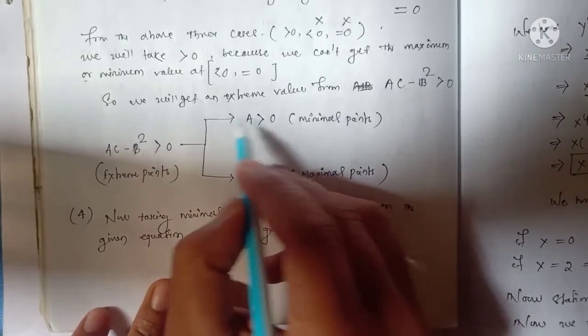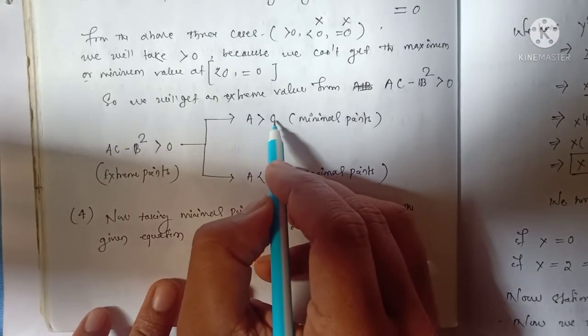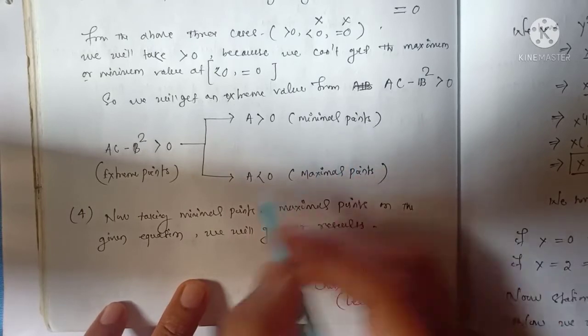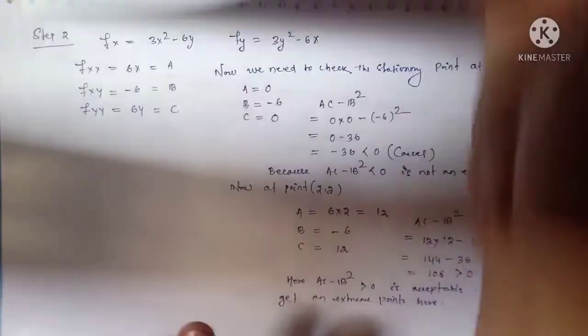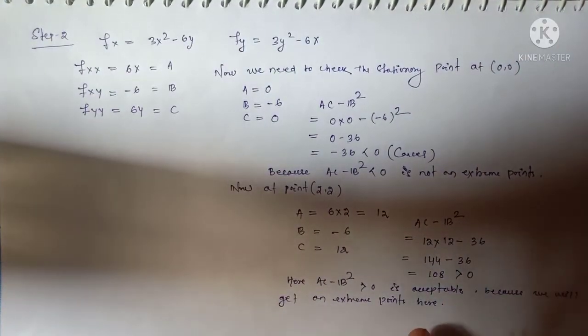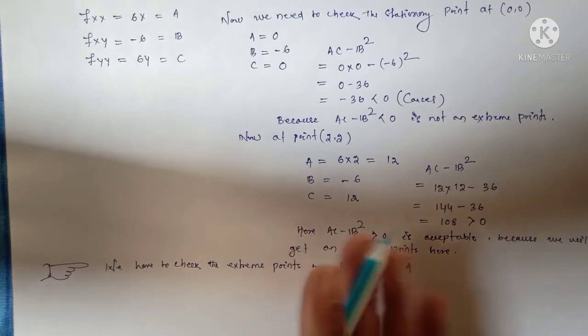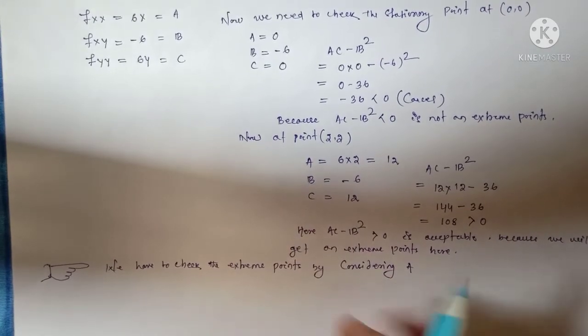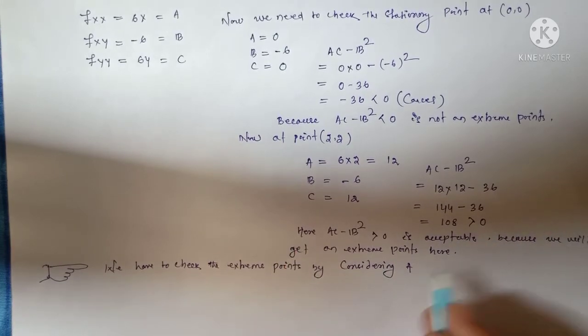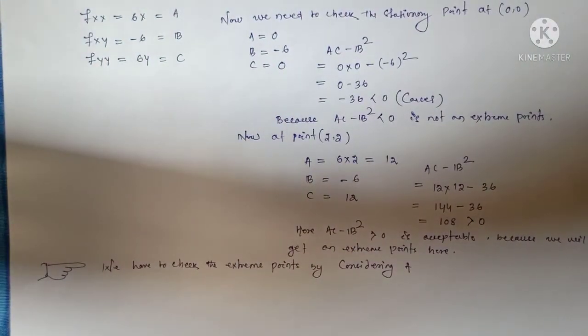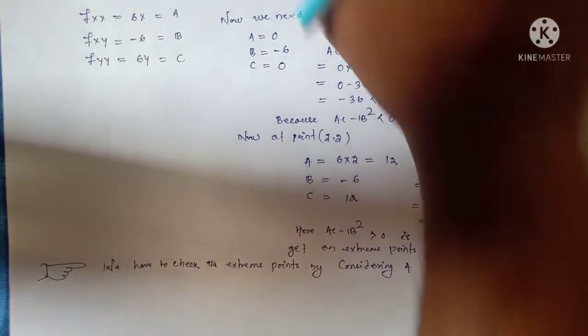So students, in the method we know we will consider the value of A. If A is greater than 0, then it is a minimum point. If A is less than 0, then it is a maximum point, right? As we have discussed in the working method, if A is greater than 0, then here it is a minimum point. If A is less than 0, then it is a maximum point. So here what is the value of A?